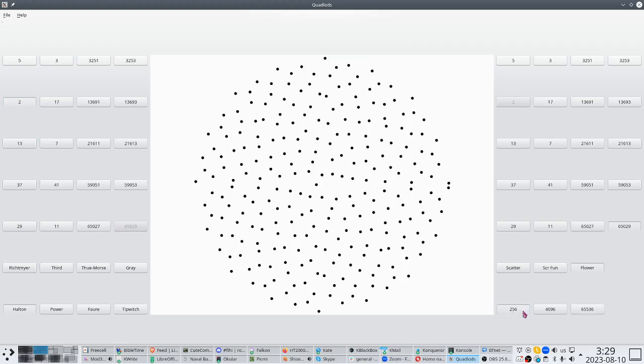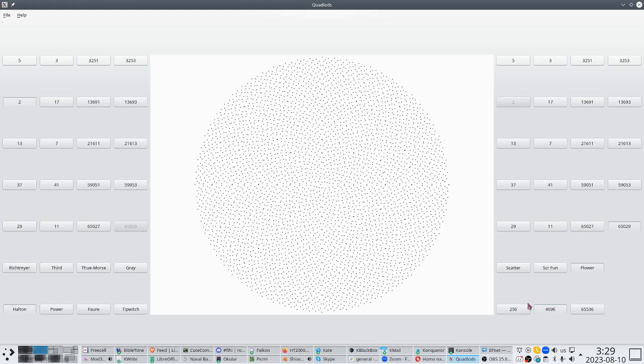So here's the flower plot of the Halton sequence of 2.